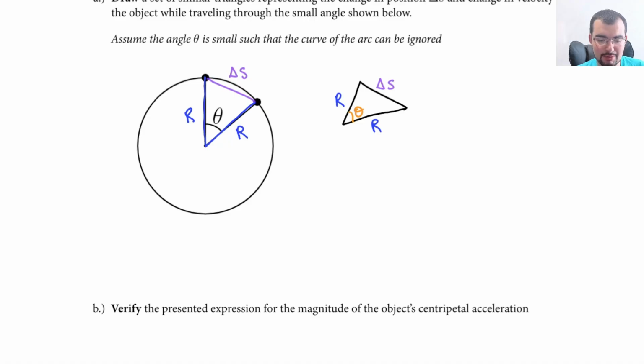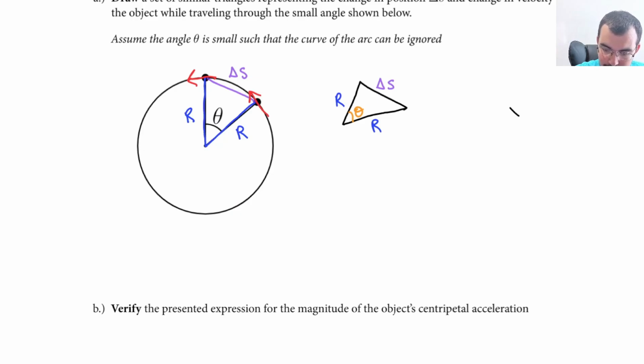Now we have to think about what the velocity would be doing at each of these points. We know that velocity is going to be perpendicular to the radius at a given point. So this would be a velocity, tangent to the circle, and this would also be a velocity tangent to the circle. We can actually draw a little velocity triangle here as well.